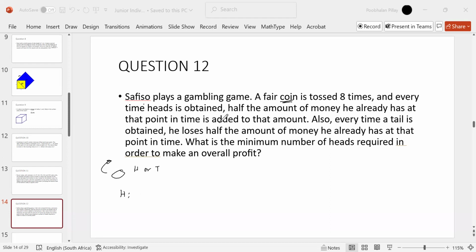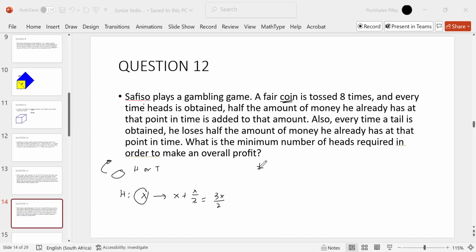Every time heads is obtained, half the amount that he already has is added to that amount. So, in other words, if he had x rands, then half of x is added to that x. Now x plus half x is 1.5x, which is 3x over 2. So the idea is whenever heads fall, whatever he has, he multiplies it by 3 over 2.